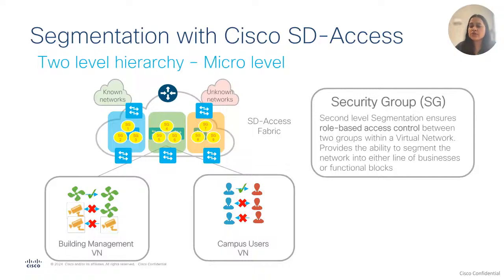Here, filtering happens on the basis of security group tags and not on IP addressing, which makes it really easy to deploy policies. We can have many security group tags sharing the same subnet, or the same VLAN, and we still can achieve another level of segmentation. And that is what we refer to as micro segmentation.